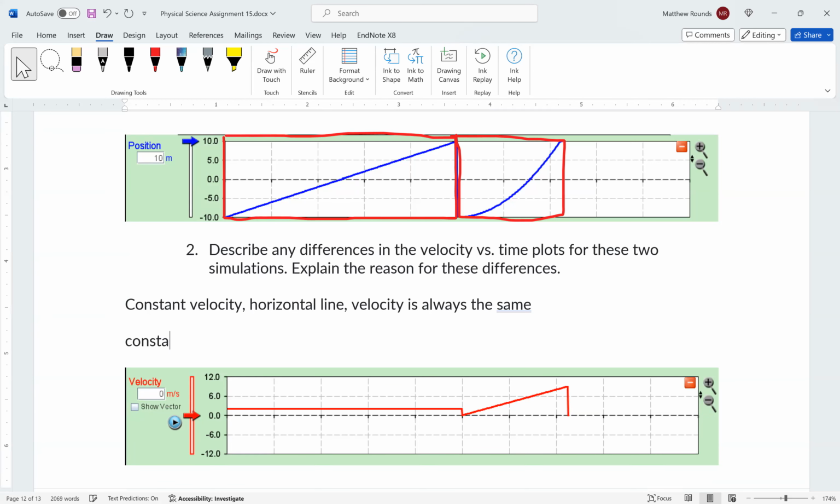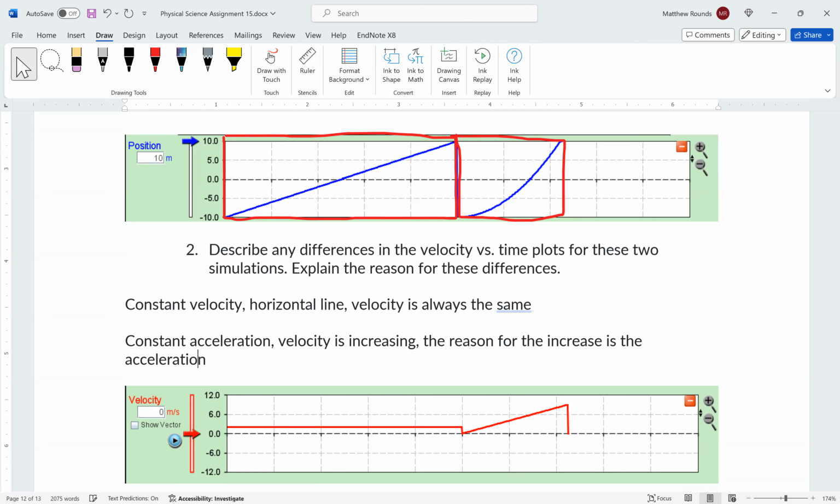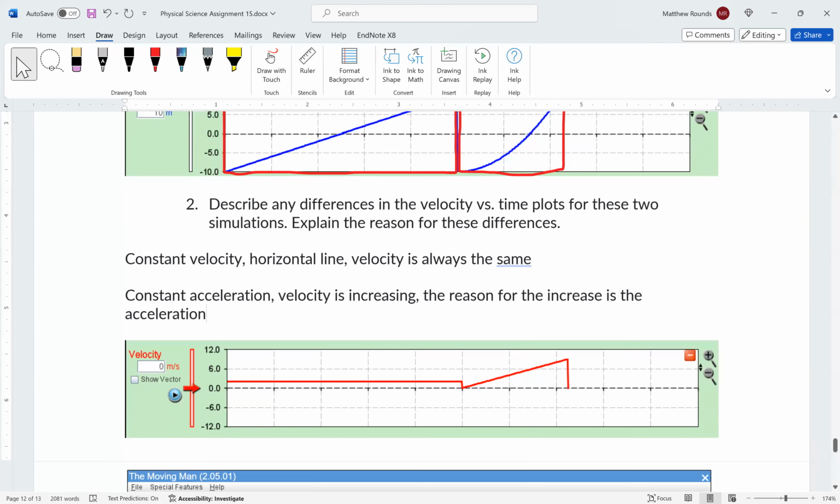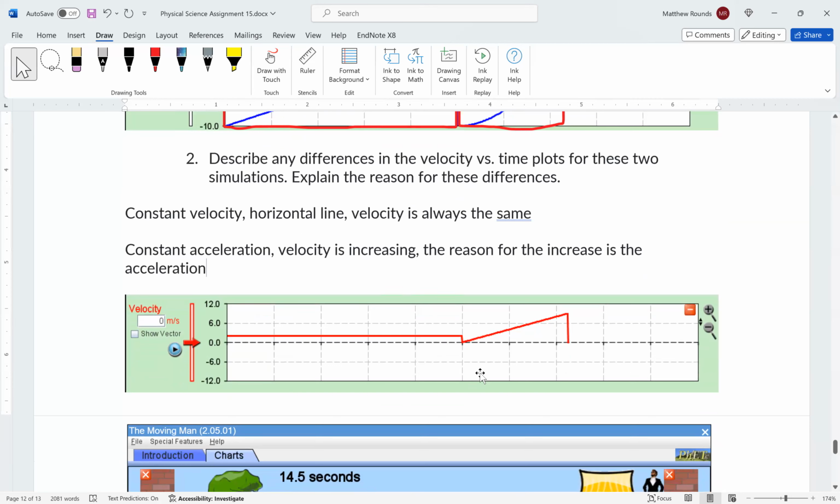In the constant acceleration, the velocity is increasing. The reason for the increase is the acceleration. So could you reformulate that into your own words, please? Yeah, sure.